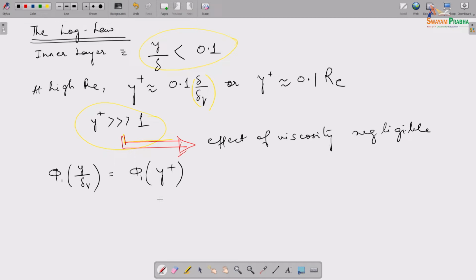If the viscosity is negligible, then the dependence of the viscous length scale on nu is also negligible.